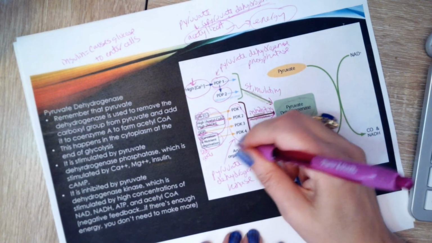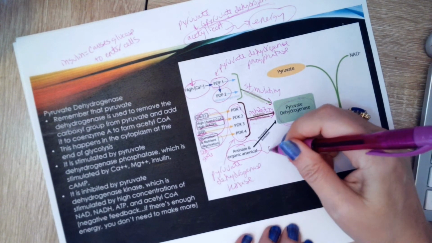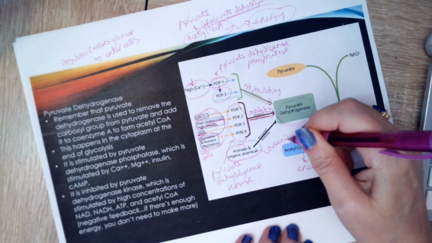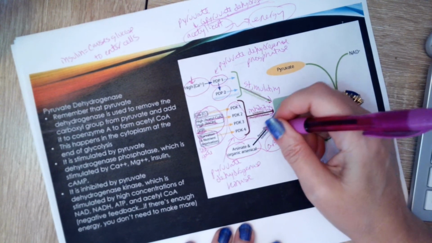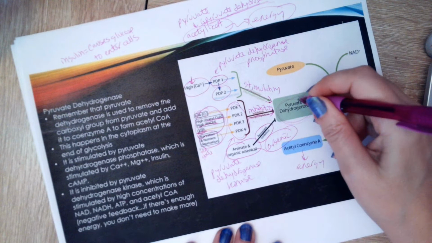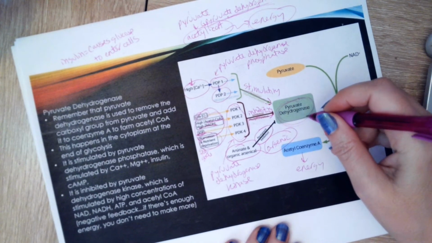And then there's also this, arsenate and organic arsenical. If you think about arsenic, that's a familiar word. It's a naturally occurring element, but it's also a poison. That is permanent inhibition of pyruvate dehydrogenase. So that doesn't sound good, right? Permanent inhibition is permanent.